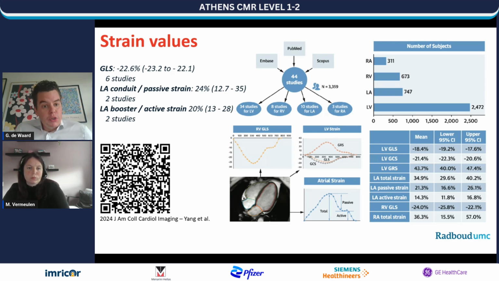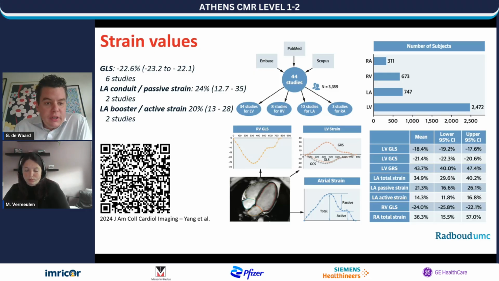Then you can also assess strain for the atria. We do not at this point use that routinely in clinical practice, and it's typically reserved for scientific purposes. But as we'll go further, it might be something that enters the clinical space as well.